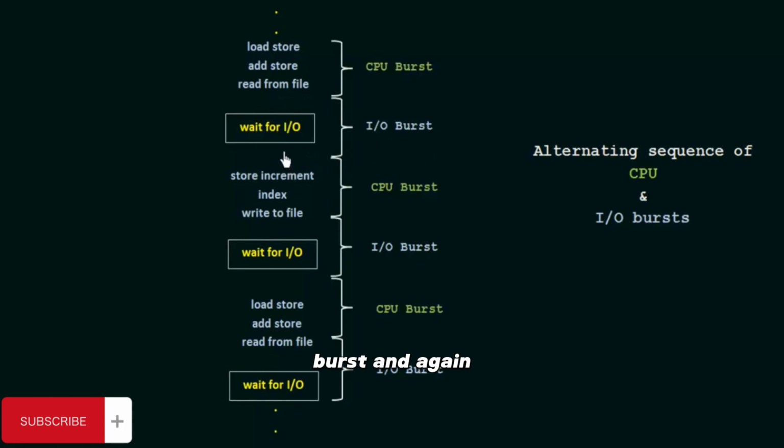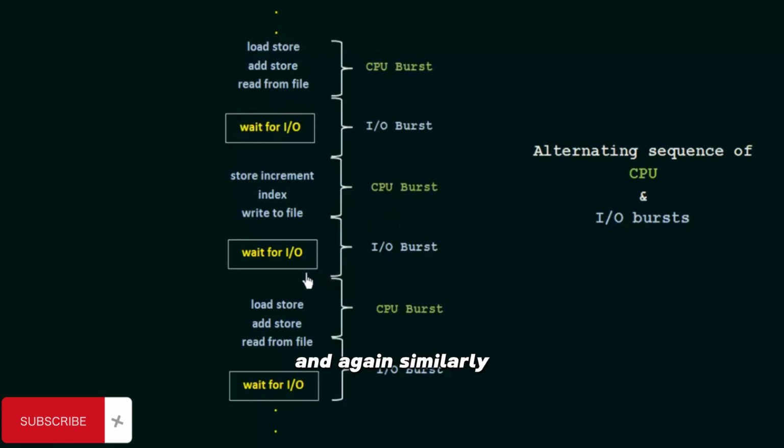And again, after the I/O operation has been completed, there are some other operations like store, increment index, or a write to file. So these are operations that again require the CPU or the processor.